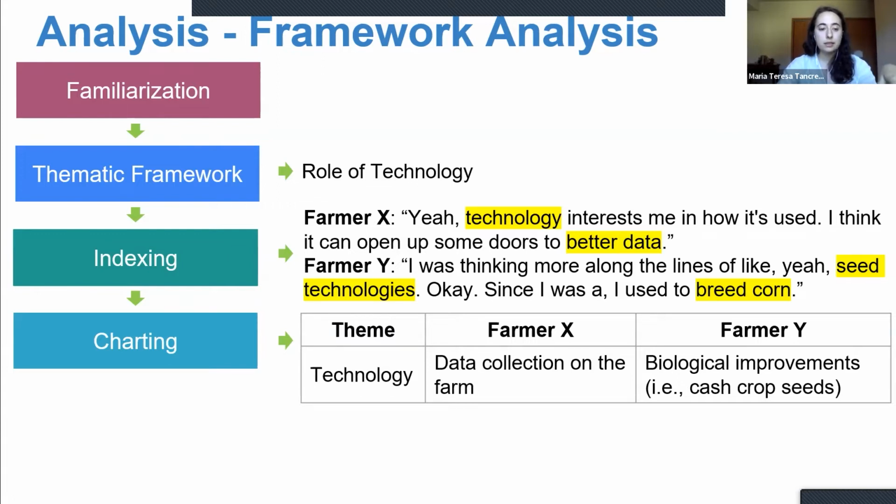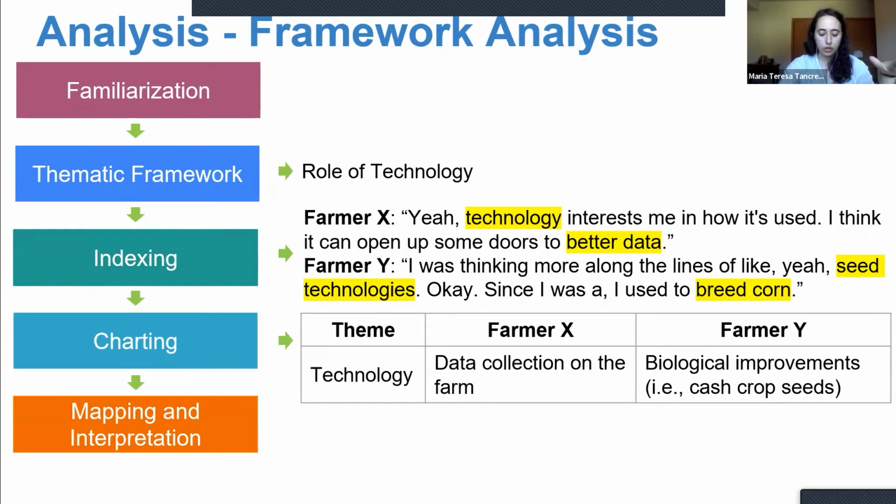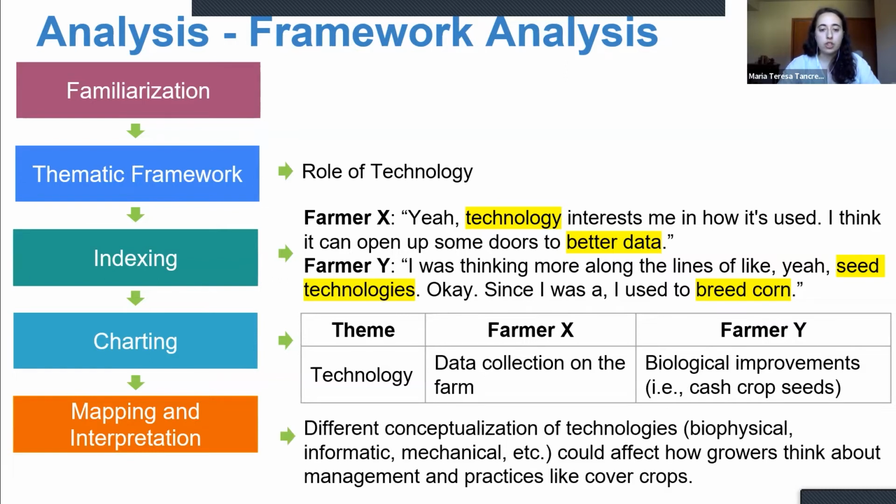And so then the last step, which is called mapping and interpretation, is the step when the researcher, from the charting, tries to generalize meaning, tries to extract meaning from all these single examples and interpret what is coming out. And this can be helpful in our case, for example, to inform those potential strategies. And so again, looking at technology, something that we could think when we develop our strategies is that there are different conceptualizations of technologies.